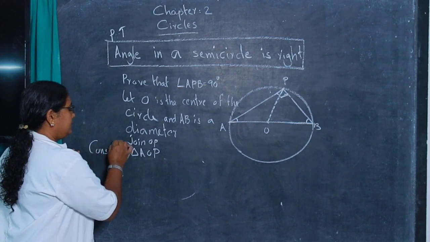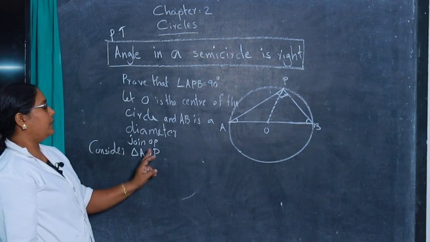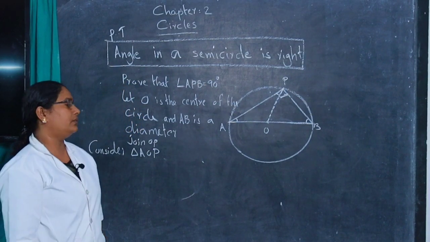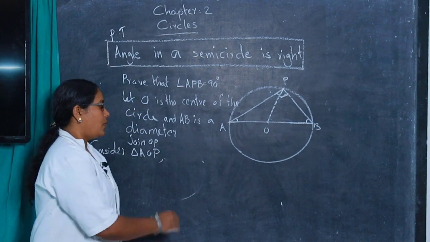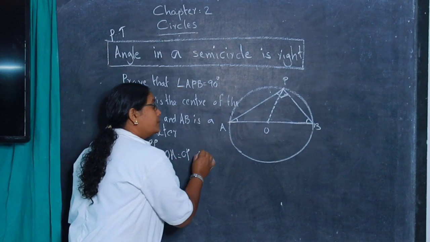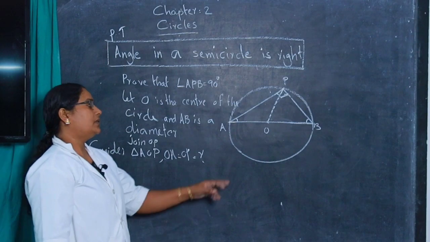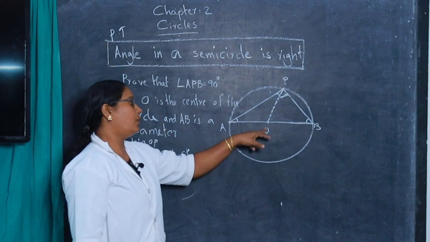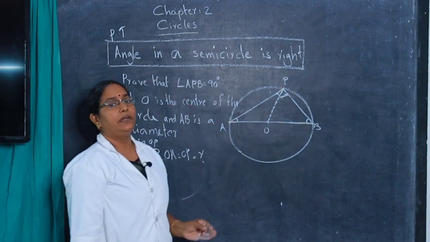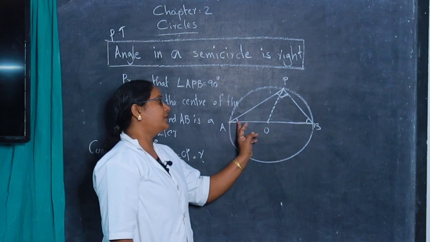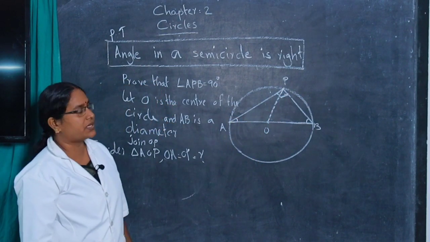Consider triangle AOP. It is an isosceles triangle. What is the reason? OA equals OP, equal to the radius R, radii of the same circle. Therefore, the triangle is isosceles.